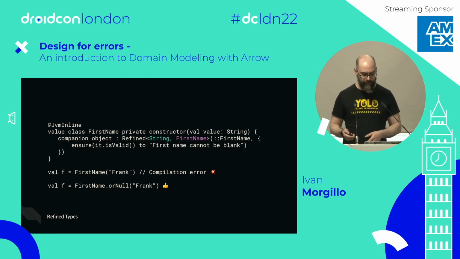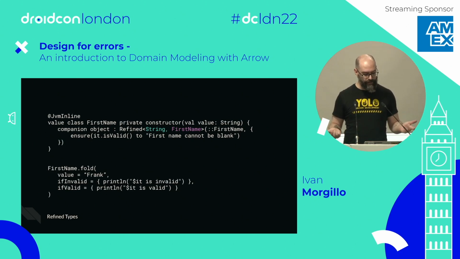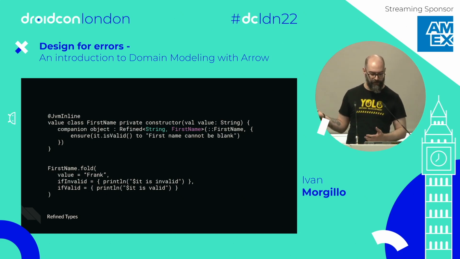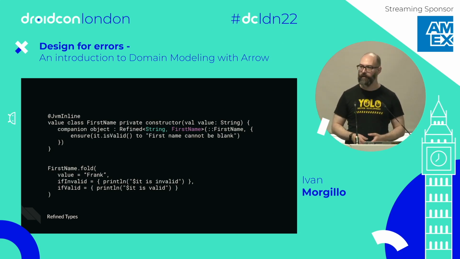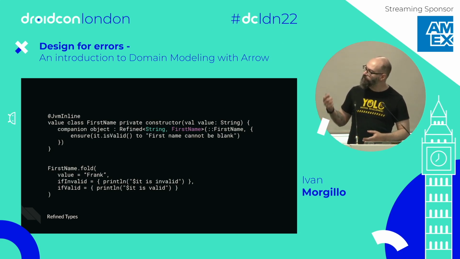You also have other useful things, like fold and map. In this case, you have a fold function where you can pass the value that you think is a good first name, and then you have two lambdas that you can execute when it's not valid or when it's valid. So it can be very useful to save a bit of boilerplate.